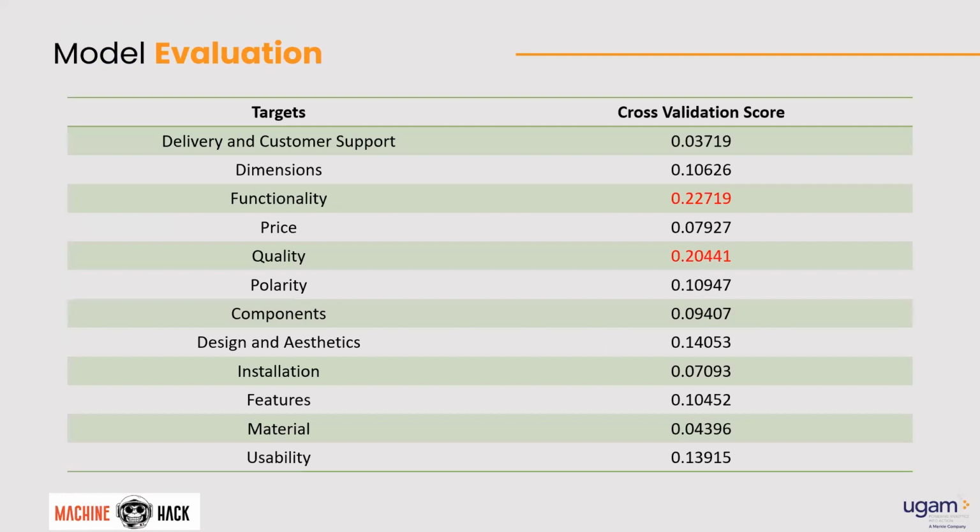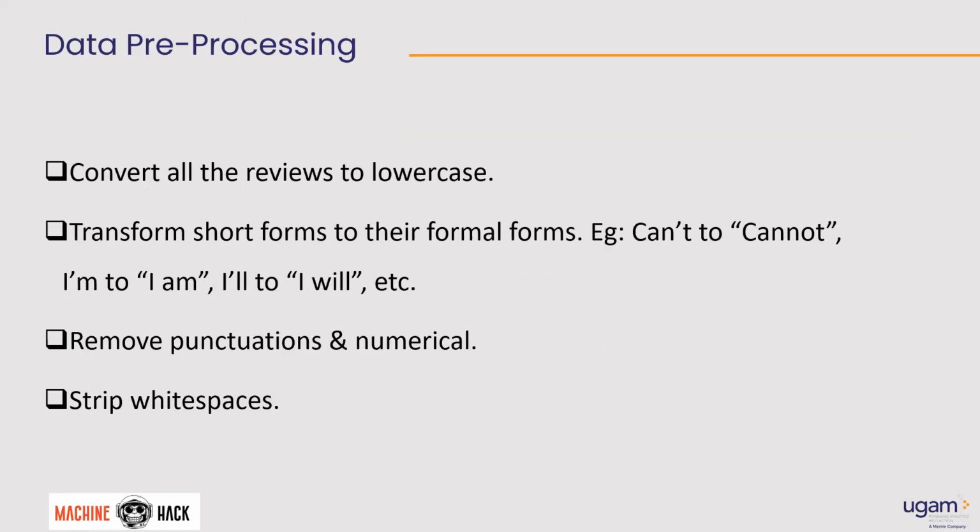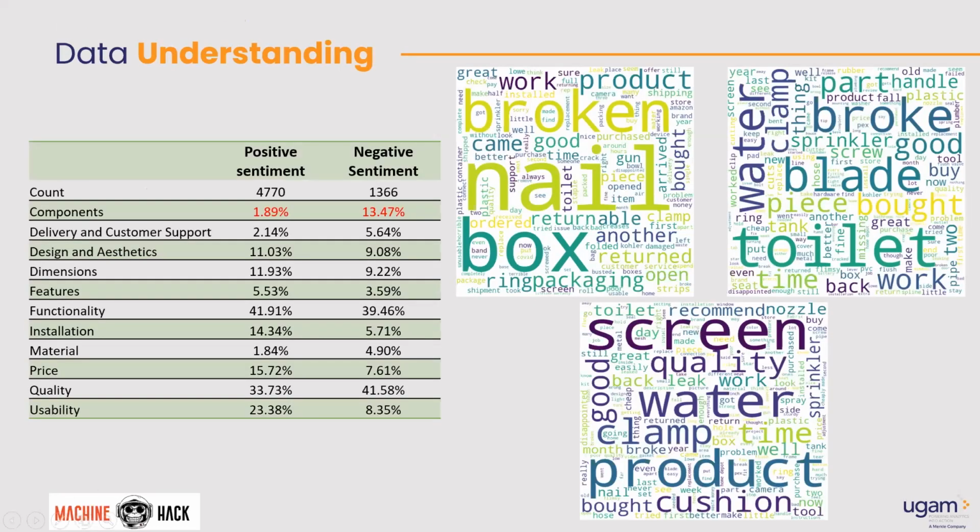And this was the cross validation score for each of the 12 targets. You can see functionality and quality have a very high CV score. One of the reasons, if I show you the data understanding part, is that functionality and quality in positive and negative are basically 40-40.